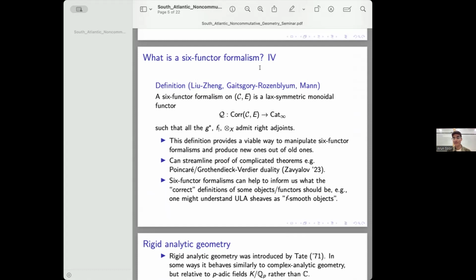But that's not the same as the category of correspondences itself. So a six-functor formalism gives you a way to construct this category. You can read about this in, for instance, Peter Scholze's notes. Hopefully that answered the question.